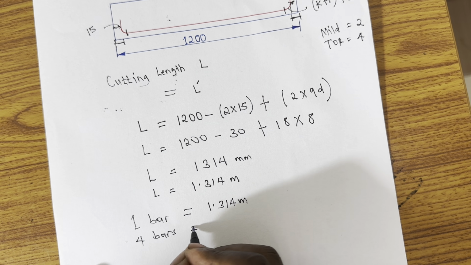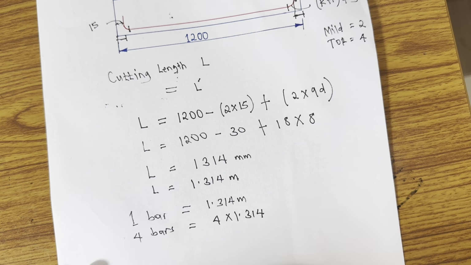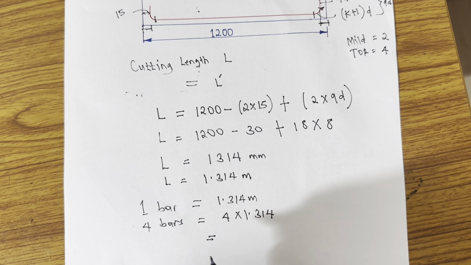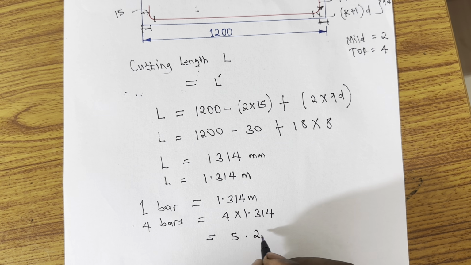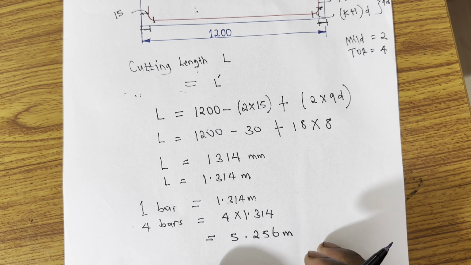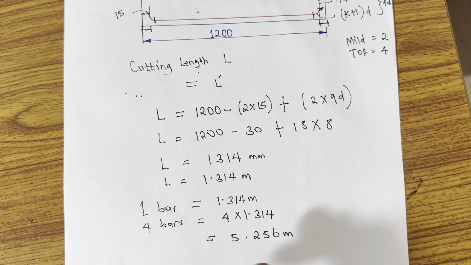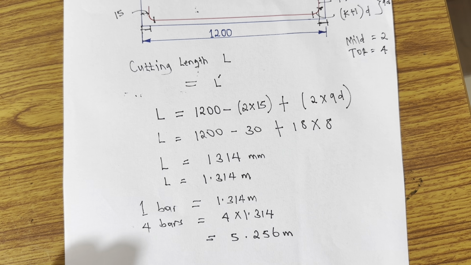It's going to be 4 times 1.314, and this is going to give you 5.256 in terms of meter. So this will be the total length of the bar that I will require. Okay, so if you have your bar, you take it and you consider this total length for all the 4 bars. Now, allow me also show you how to get the cutting length of the stirrups.